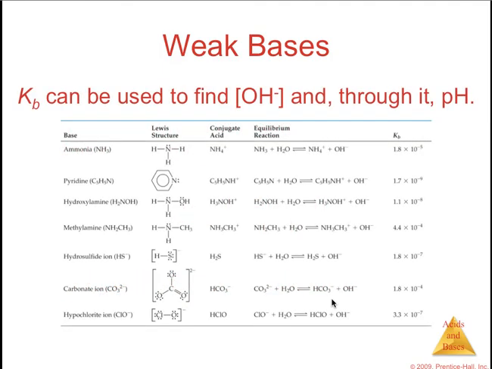Just like a Ka with an acid, we can use a Kb to find the concentration of the hydroxide and through it the pH. Because remember, pH plus pOH is equal to 14.